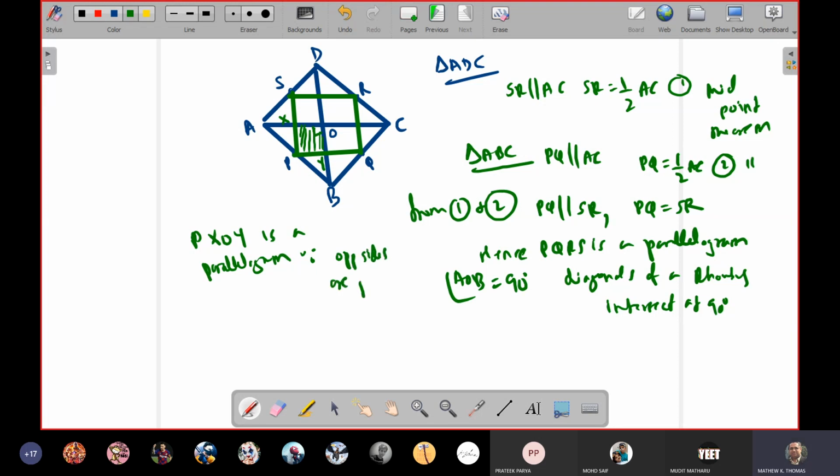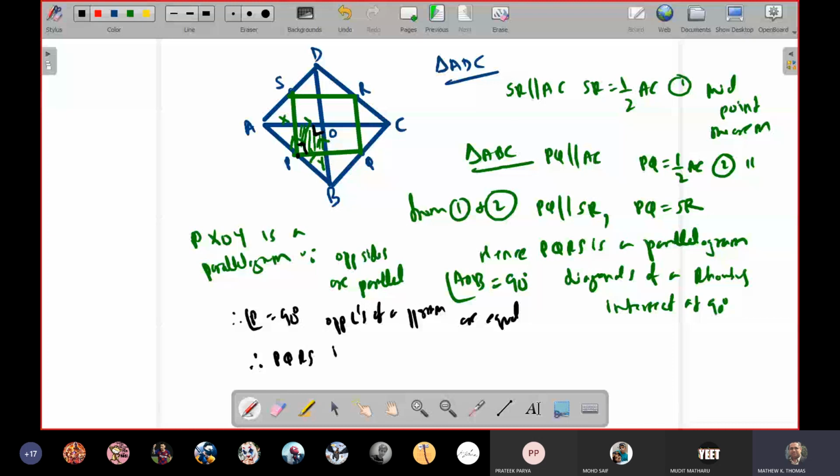Sorry, opposite sides are parallel. So this will be parallel to this, and this will be parallel to this. So this figure PXOY is a small parallelogram, and in a parallelogram, what do we know? That opposite angles are equal. So angle O was already 90. What is the opposite angle of O? Angle P. So therefore I can say angle P is 90. Opposite angles of a parallelogram are equal. And if angle P is 90, we can definitely say this is a rectangle.